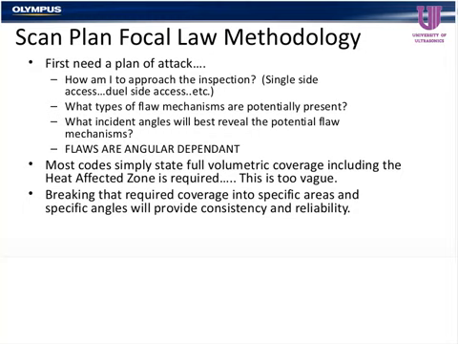We want to look at the important areas of our part, or the critical zones of that part, and look at them individually and ask, are there any flaws that are specific to this area? And are there any beams or angles that will best reveal that indication?